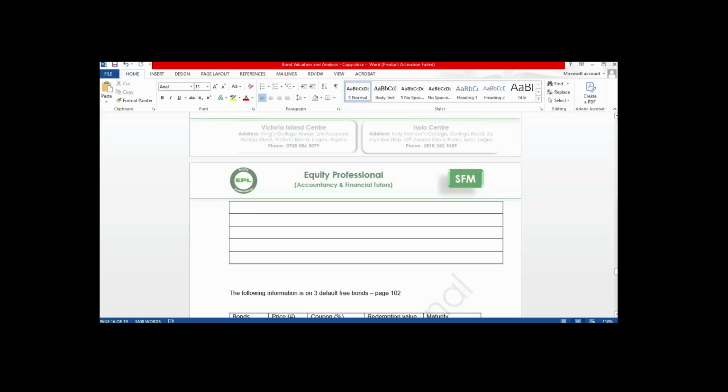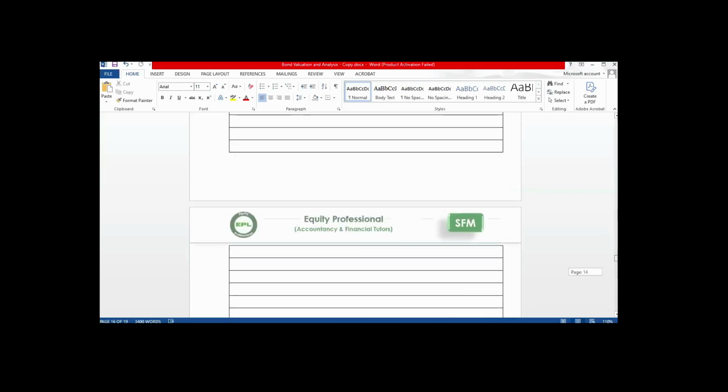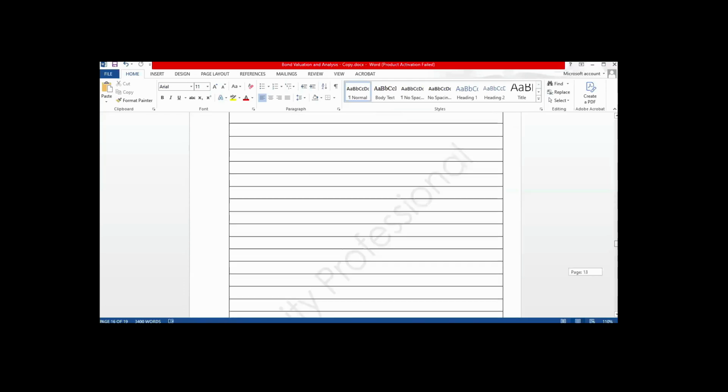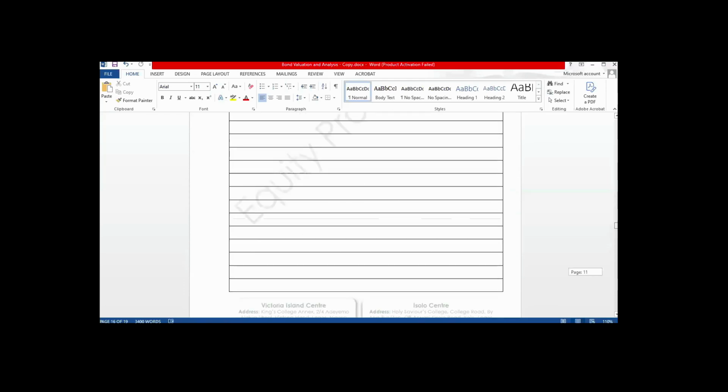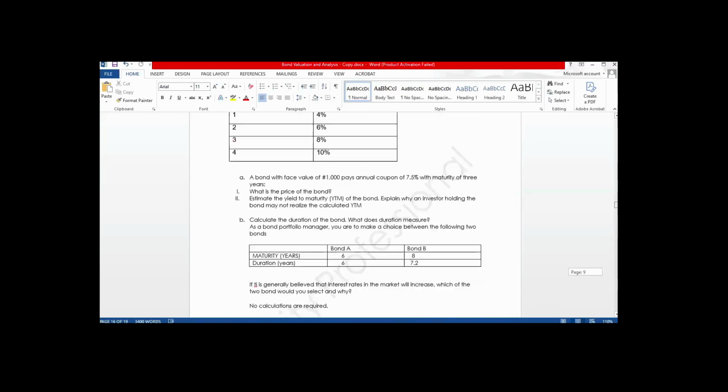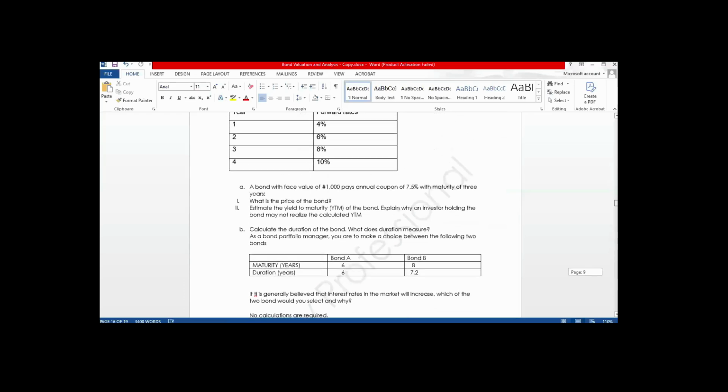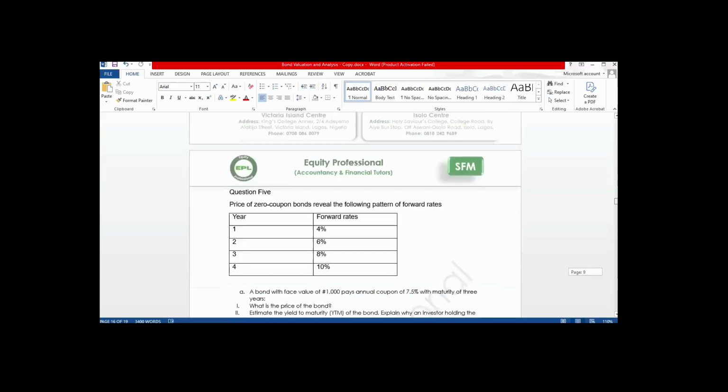Now, how do we value bond with forward rates? The questions we have solved so far are on valuation of bond with spot rates, spot yield rates.